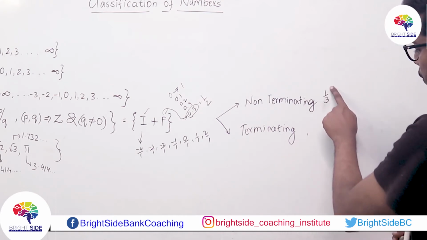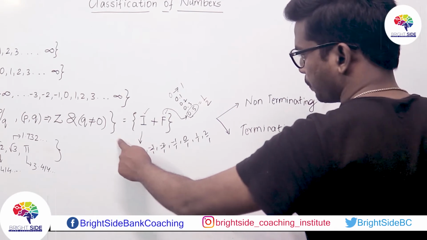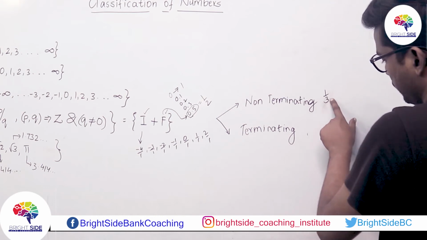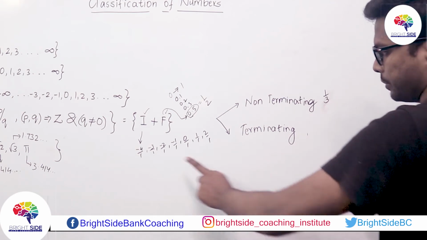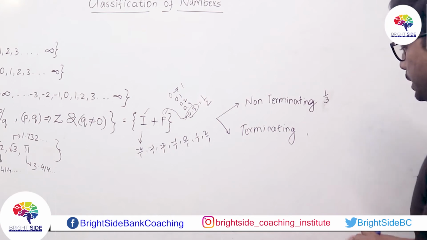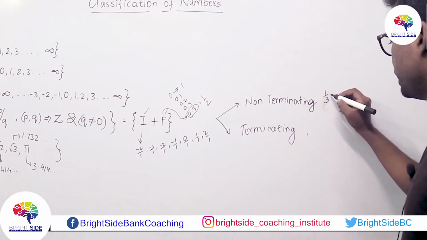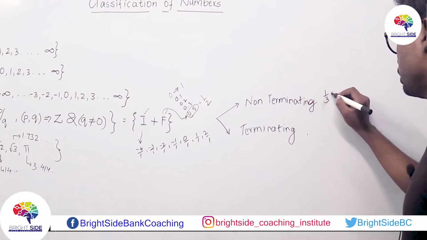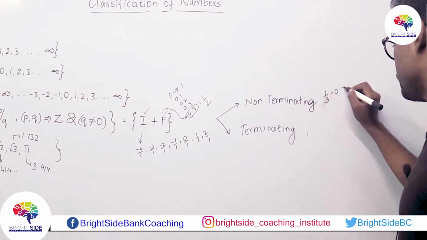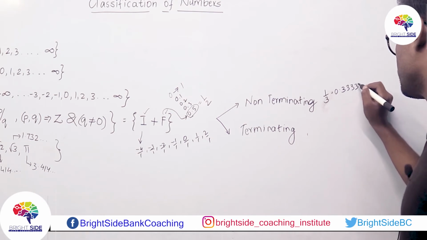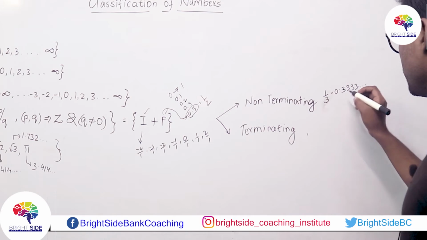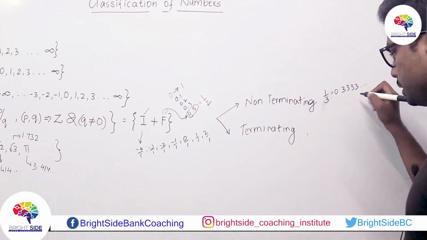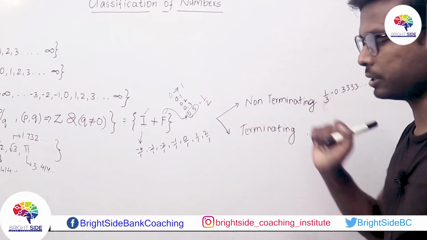First of all, 1 by 3 is a rational number, because p and q are integers and q is not 0. Conditions are satisfied. It is non-terminating because its value is 0.333 and so on, it continues. The 3 recurs many times, so it is not terminating. That is why it is a non-terminating rational number.